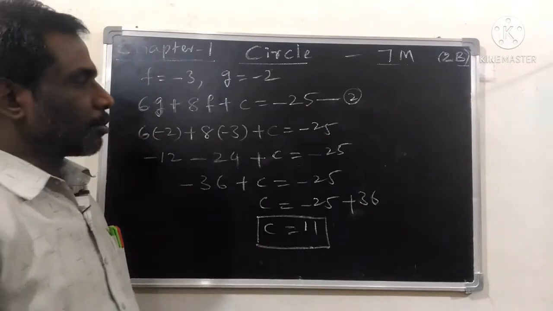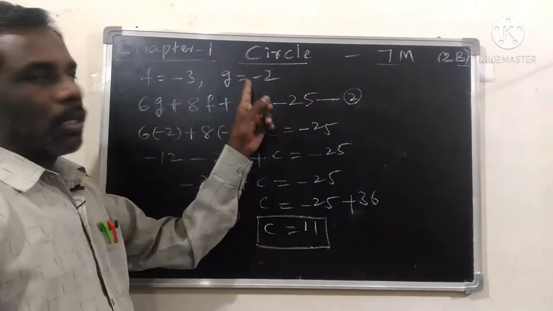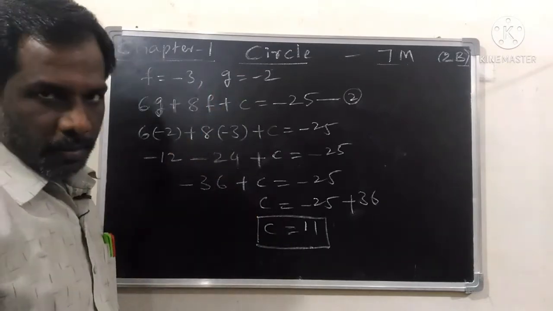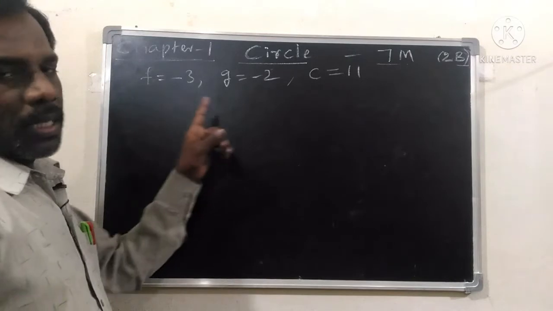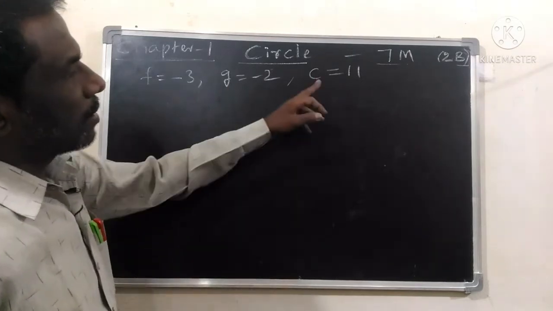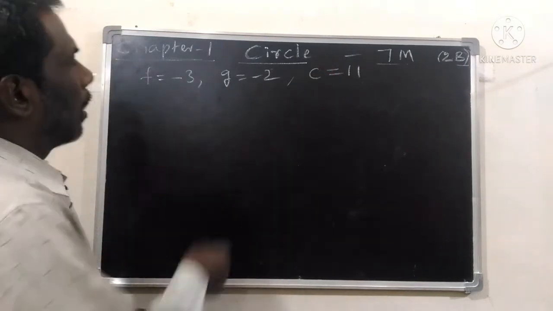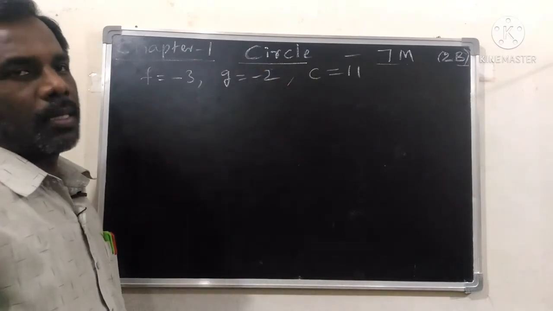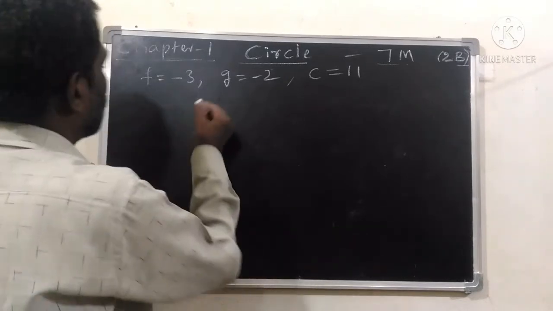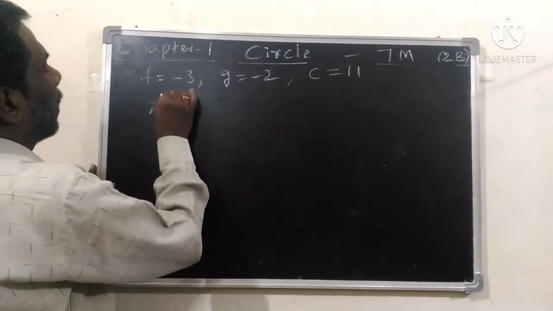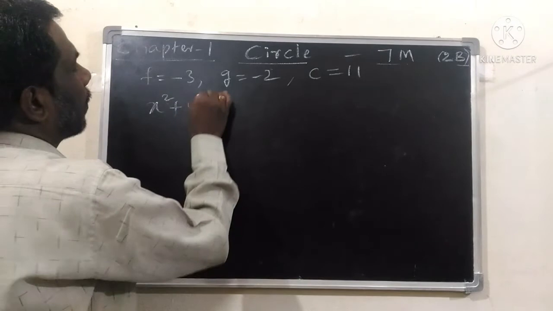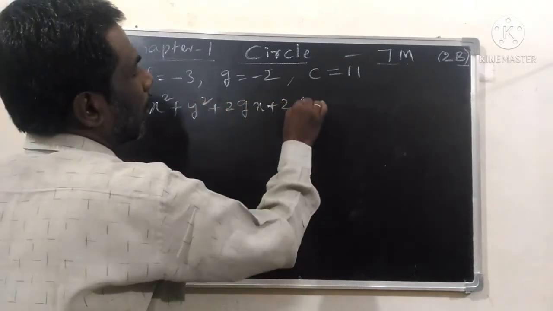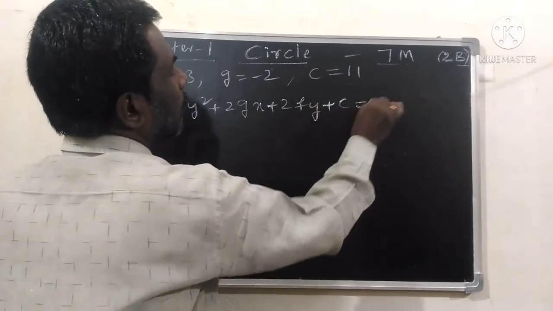Now I am going to substitute this f value, g value and c value in the equation of the circle. F value is minus 3, g value is minus 2 and c value is 11. I am going to substitute these three values in the equation of the circle. See, the equation is x square plus y square plus 2gx plus 2fy plus c equals 0.